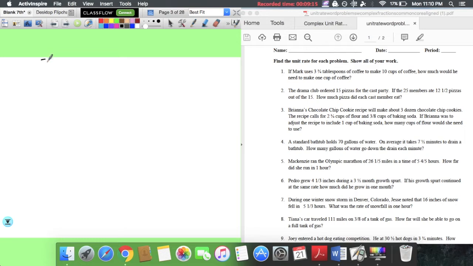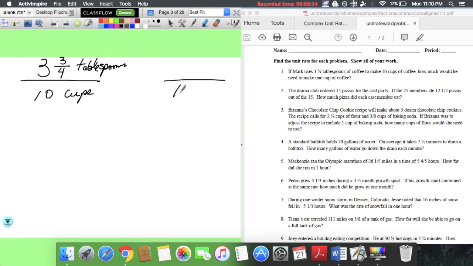So our relationship is 3 3/4 tablespoons. I'll write T for tablespoons. And with that, he can make 10 cups of coffee. Now, it's asking us for how many tablespoons to make 1 single cup of coffee.